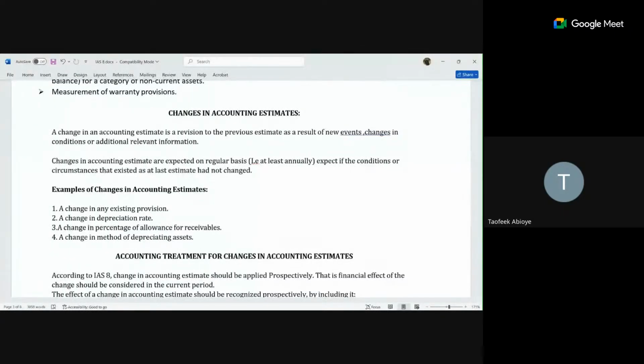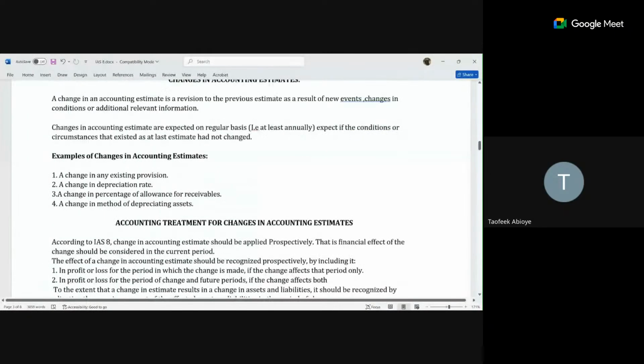But when we are talking about changes in useful life, that is not a change in policy. That is changing an estimate. Please, we need to be very careful with this. If you are using the straight line method and you change to the reducing balance method, that is changing policy. If you had 5 years before and now you use 10 years, that is changing an estimate.